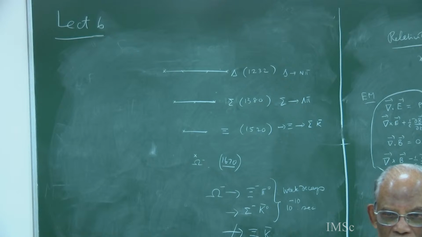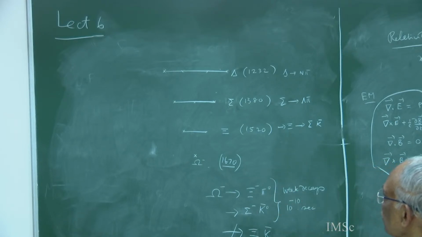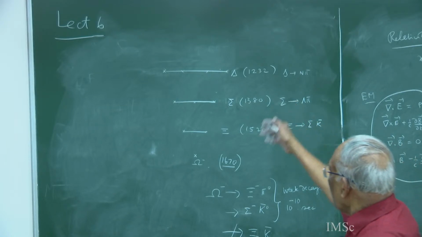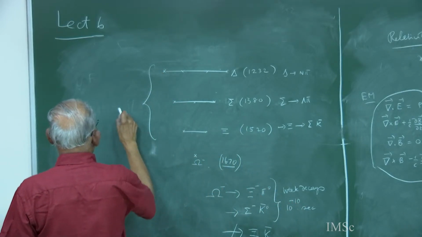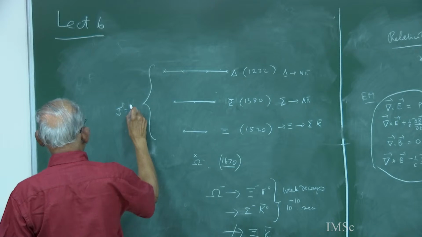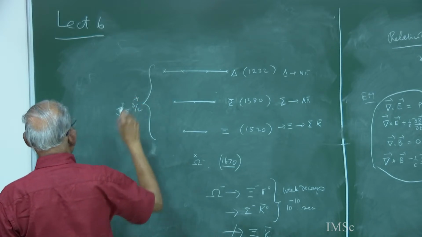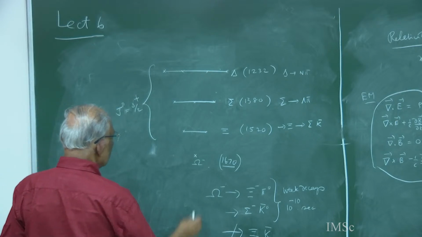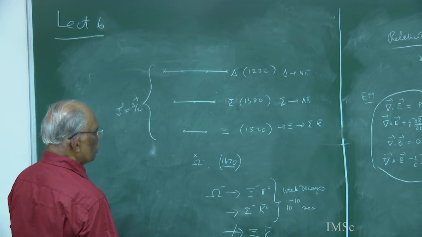But one thing they could not do. See, all these, if they have to be put as one multiplet in SU(3), they should have the same spin parity. All these have spin parity 3/2 plus. I already discussed it. This guy, at that time they could not determine the spin or parity, and it took many years.